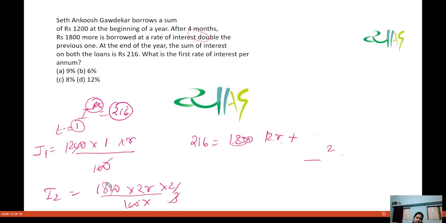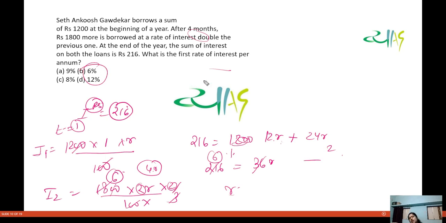You have this 3 and this 3, 6 times 18, and 2 and 2 is 4R, so this is 24R. So you have 36R equals 216. So R is equal to 6%. And what is the first rate of interest? That is 6%. If you are asked the second rate of interest, that is 12%.